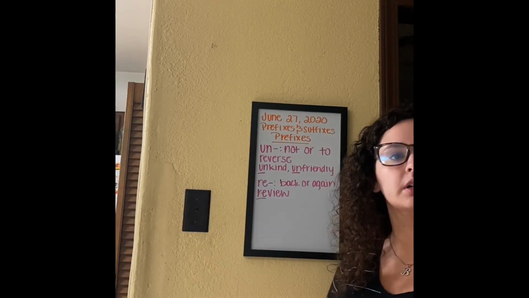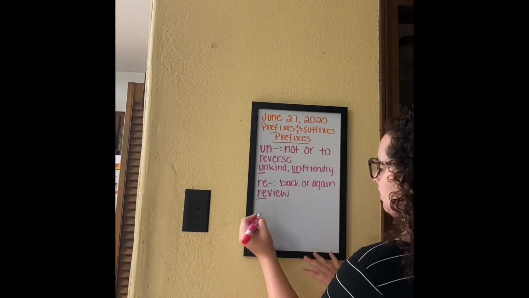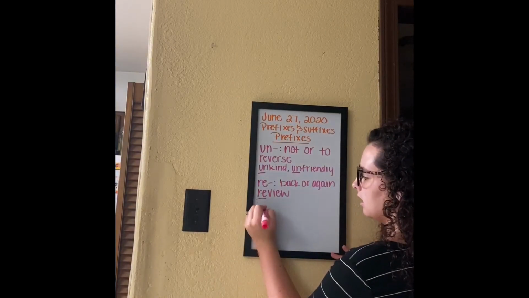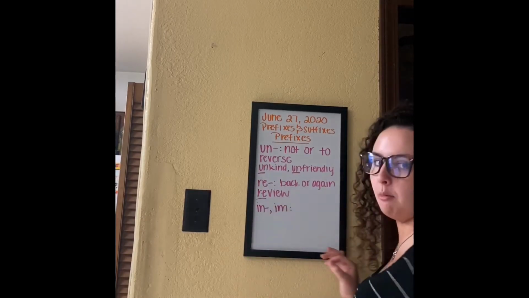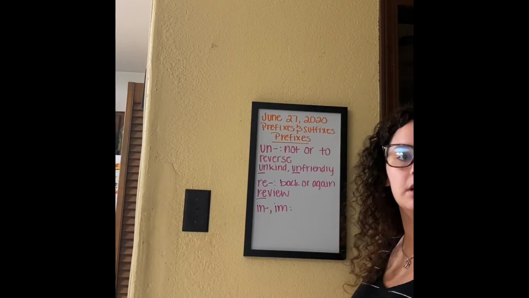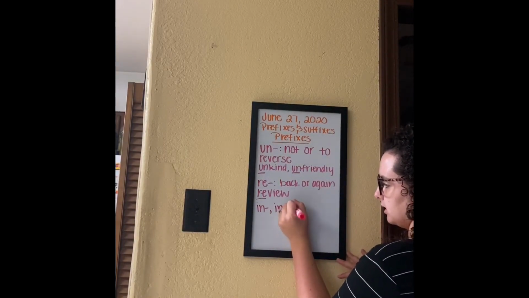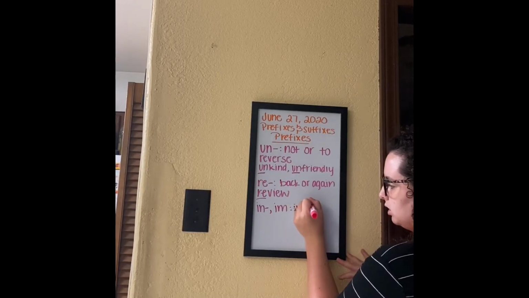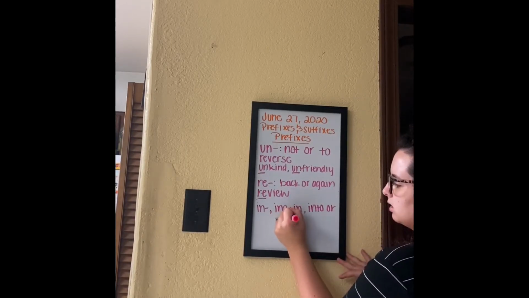So the next one we're going to do is in or im. I-N or I-M, all right? This is a double one, okay? So in means in, into, or not. So write down all three of those words: in, into, or not.